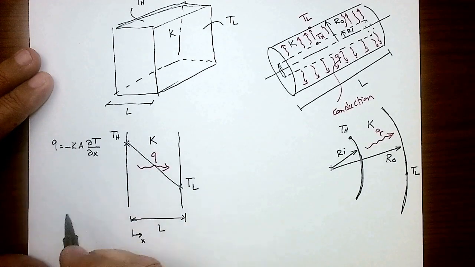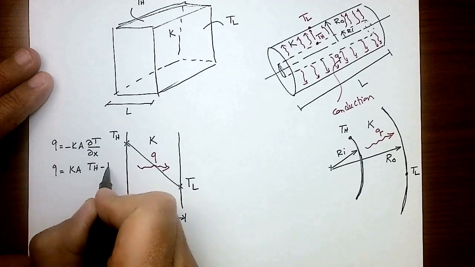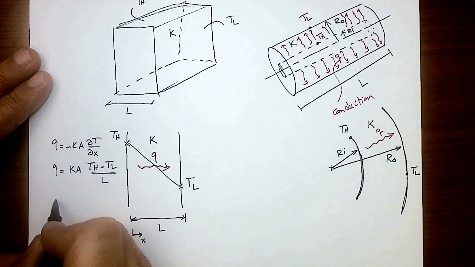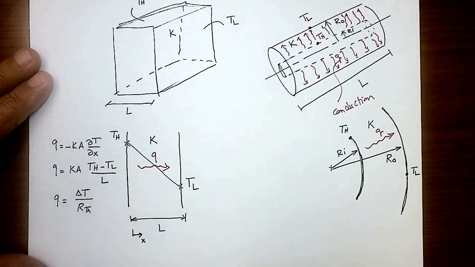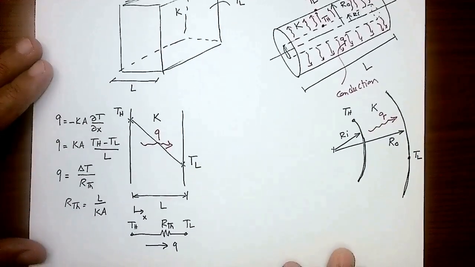Then we simplified that to be Q is equal to K A (T_H minus T_L) divided by L. And we simplified that more to have Q equal to delta T over the thermal resistance, presented by a thermal resistance between T_H and T_L, and this is R thermal. R thermal can be calculated from L over K A. So this is all what we did for the plane surface, correct?